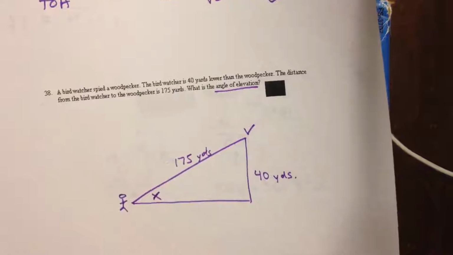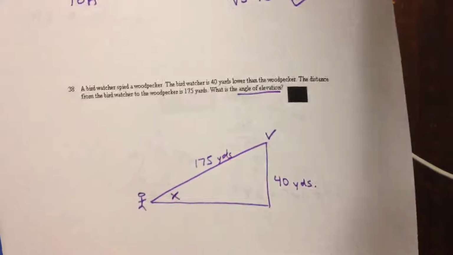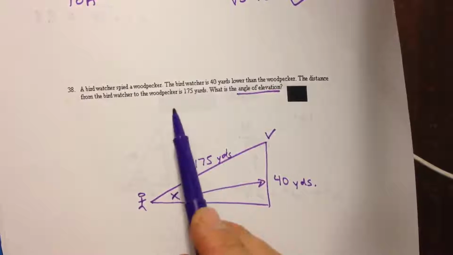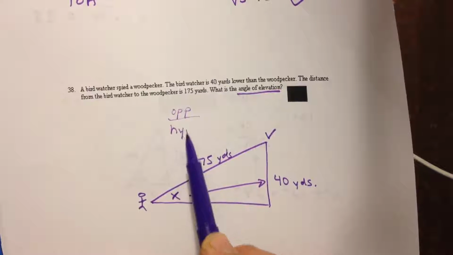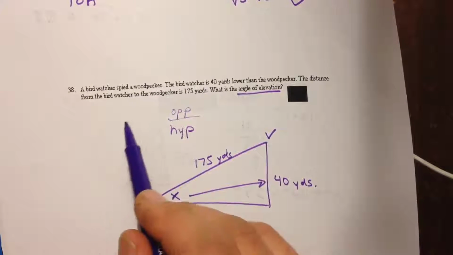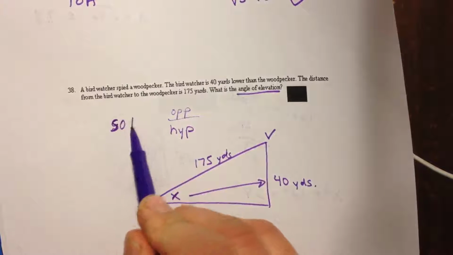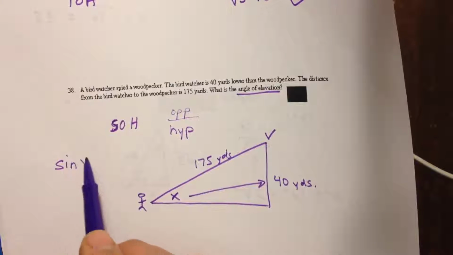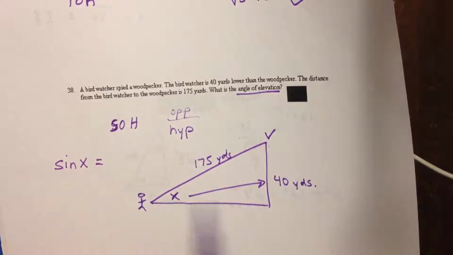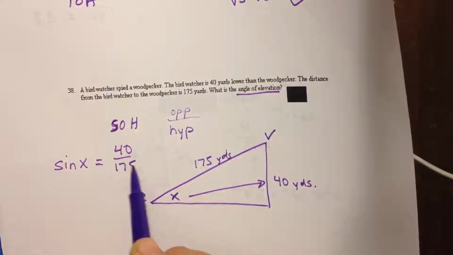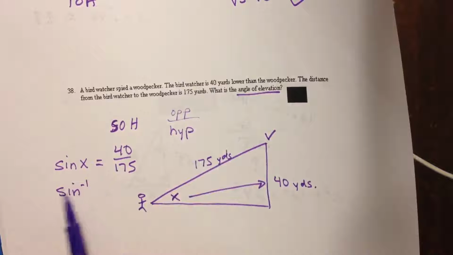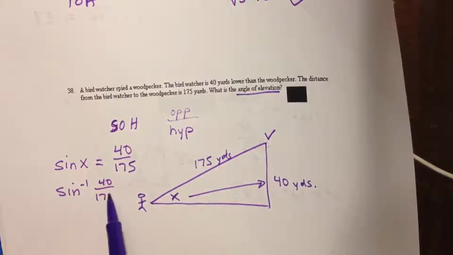So we need to set up a trig ratio. So since 40 is opposite of x and 175 is the hypotenuse, opposite over hypotenuse is SOH, or sine. Okay, so we've got to set up sine of x. So the sine of x equals 40 over 175. Now when we were looking for the angle, we had to take the inverse sine of 40 over 175.